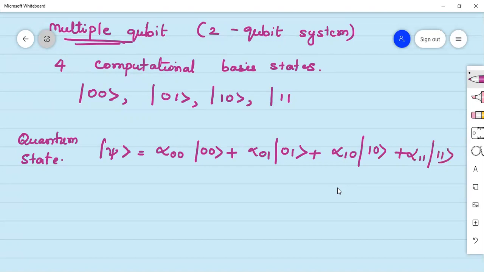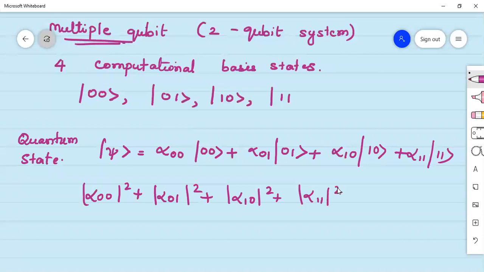Now in the previous case when you had just 2 states, we wrote alpha square plus beta square is equal to 1. Here all the 4 will be put together. That is alpha 0 0 square plus alpha 0 1 square plus alpha 1 0 square plus alpha 1 1 square. This in total is going to be 1.